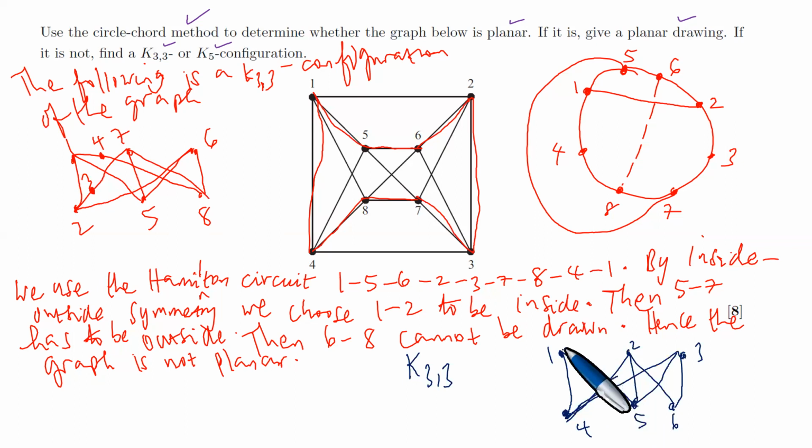This one goes from here to there. Okay, 3. We have that. So this is a K33 graph. Then what do we do? We just draw this K33 without the vertex labels. And now we are able to trace.